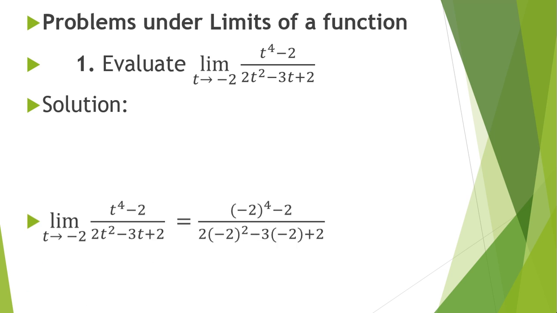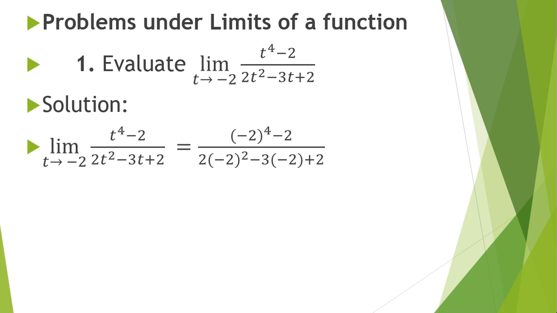Here the solution is: limit t tends to minus 2, t power 4 minus 2 divided by 2t square minus 3t plus 2. Replace t by minus 2. Minus 2 the whole power 4 minus 2 by 2 into minus 2 the whole square minus 3 into minus 2 plus 2.